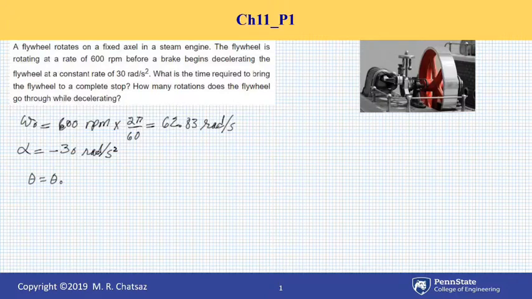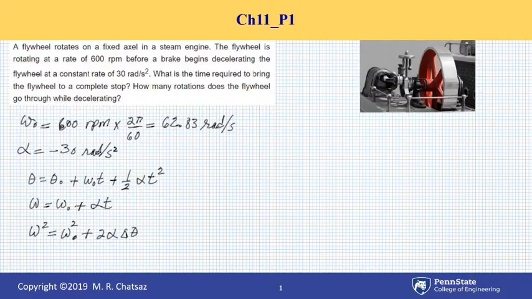Recall they are theta equal to theta 0 plus omega 0 t plus 1/2 alpha t squared. The speed equation is omega equal to omega 0 plus alpha t. And recall there is a third equation which is independent of time, and that is omega squared equals omega naught squared plus 2 alpha delta theta.